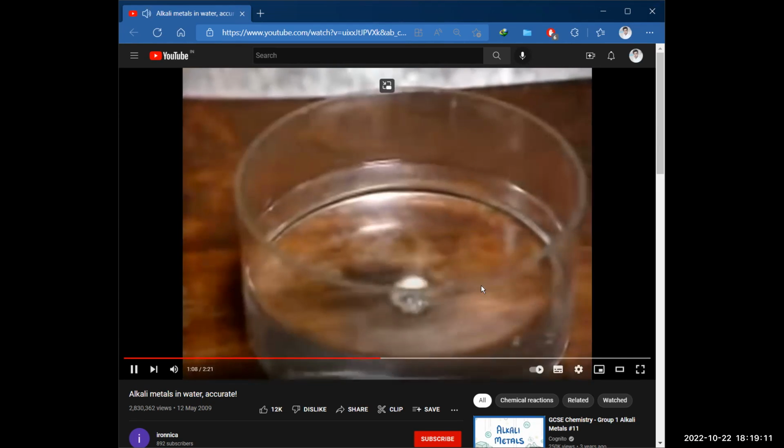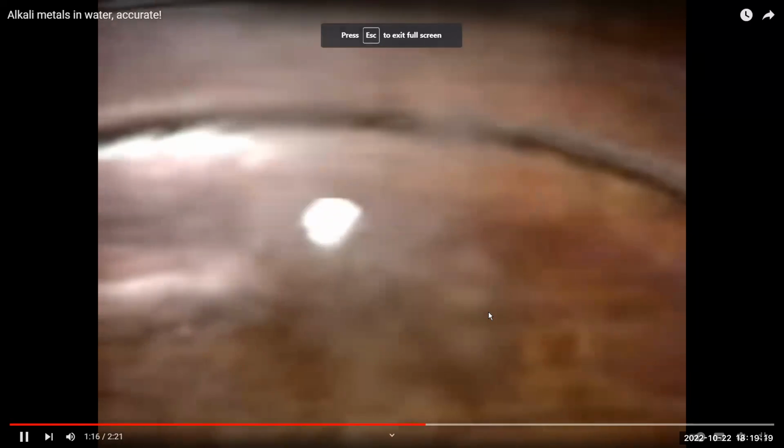Now, we'll start with lithium. The metal floats on the water and reacts with it, giving off hydrogen gas. Now for sodium. The same sort of thing happens, although the reaction is a bit more vigorous. All the alkali metals react with water in the same way.